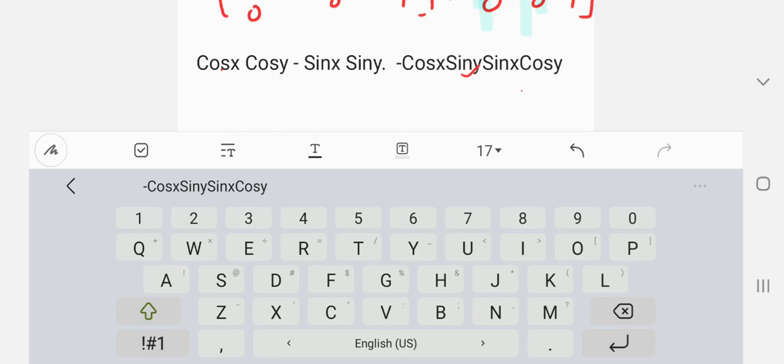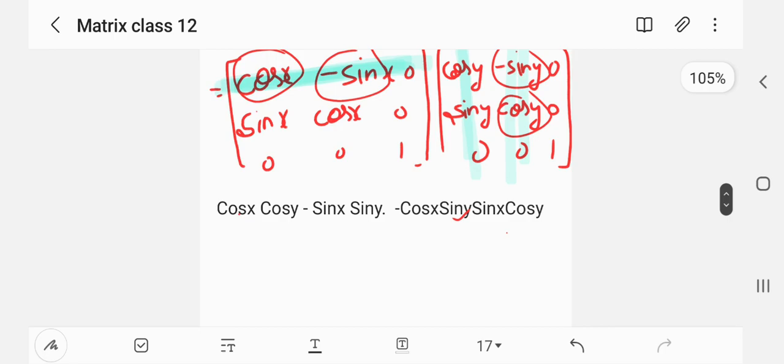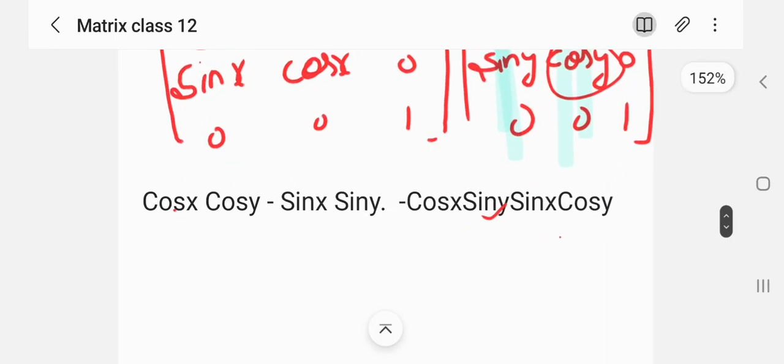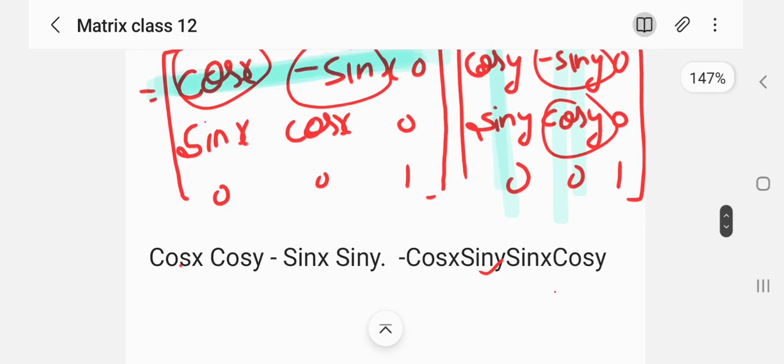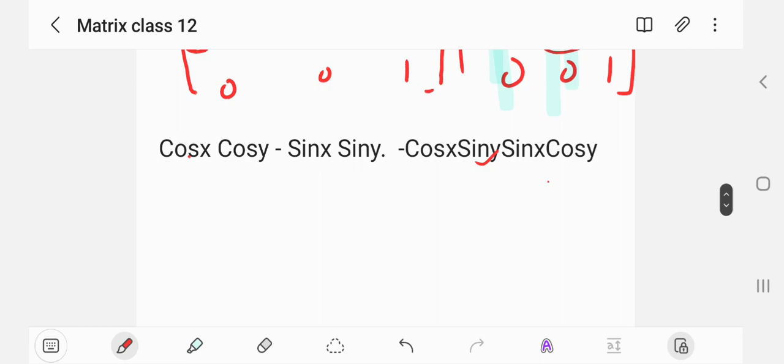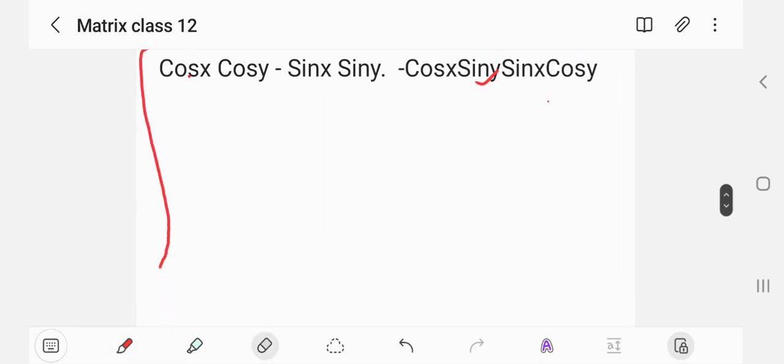Okay, this is what I will get here. I hope it is clear to you, right? Now you can very easily see it. This is my matrix which I am trying to form here.